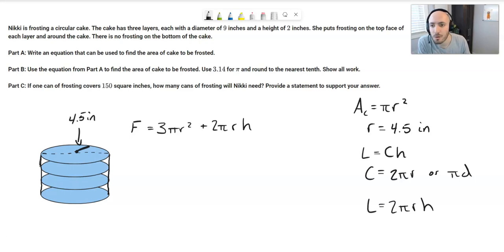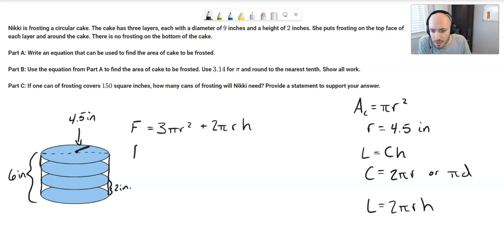We also know that the height of each layer is 2 inches. So the total height of the cake would be that times 3. I'll leave this here just so we have all the information. Our total height would be 6 inches. And so now I have everything I need.